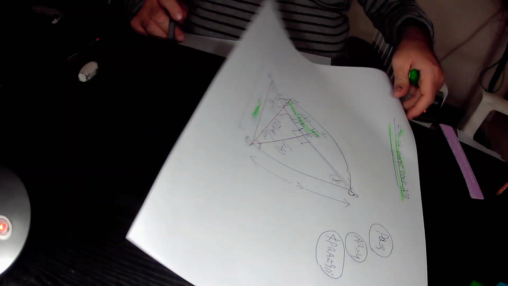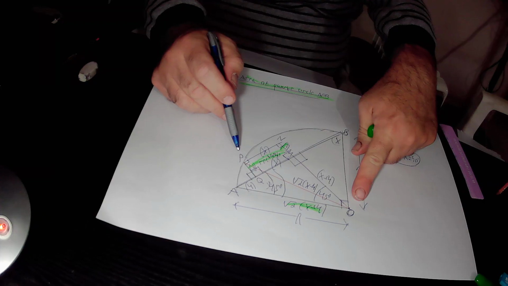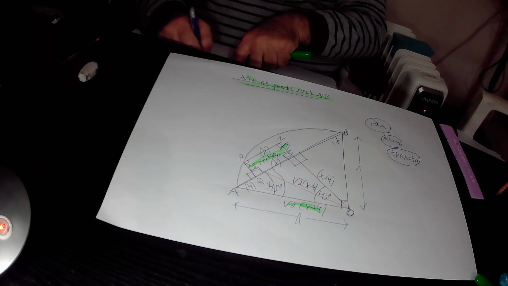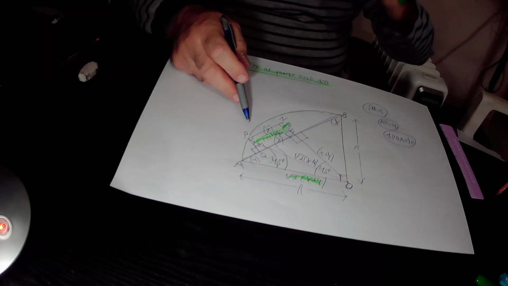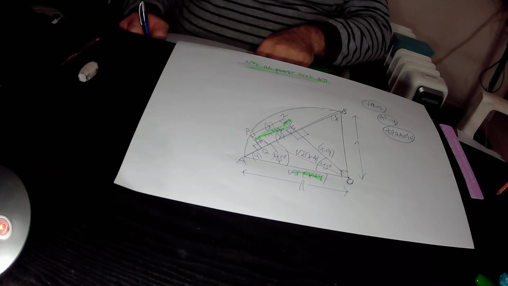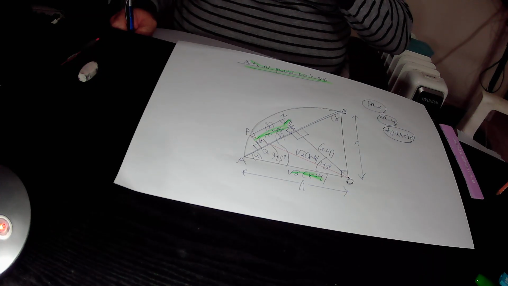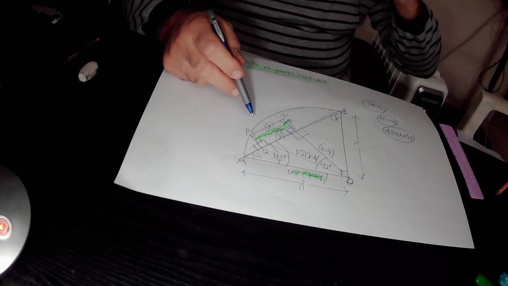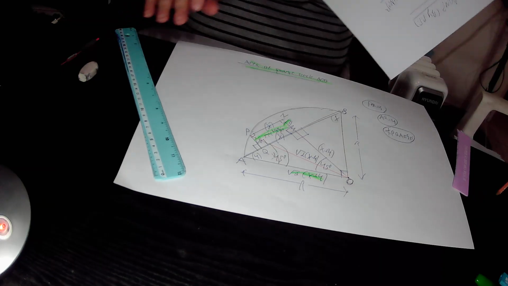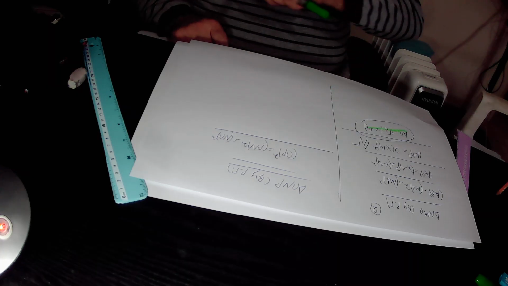In this right triangle ONP, OP squared, that is the square of the hypotenuse, equals PN squared plus NO squared. But again, in this right triangle PNO, according to the Pythagoras theorem, OP squared, that is the square of the hypotenuse, equals PN squared plus NO squared.